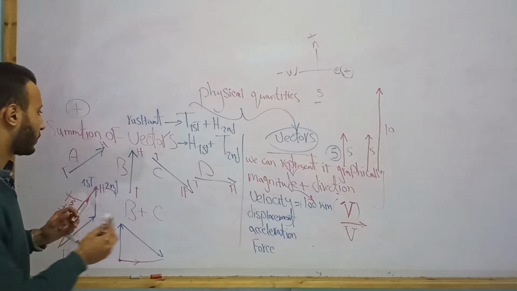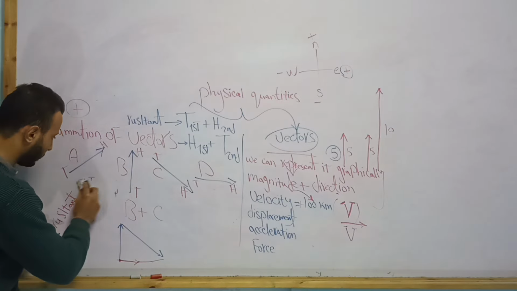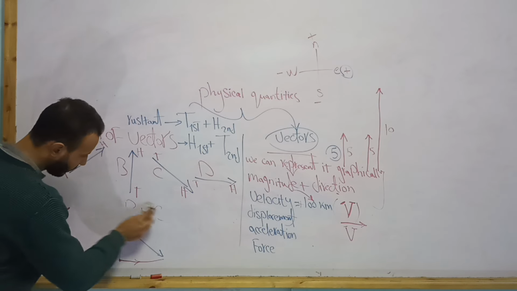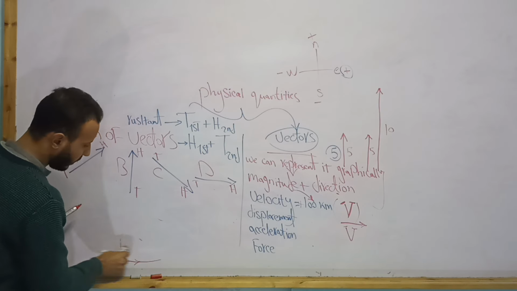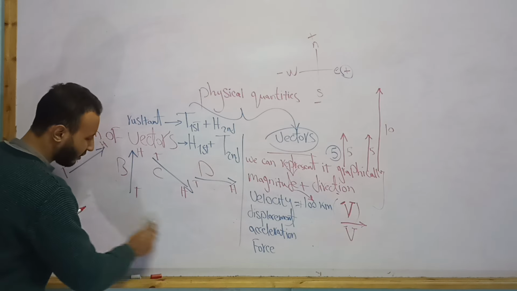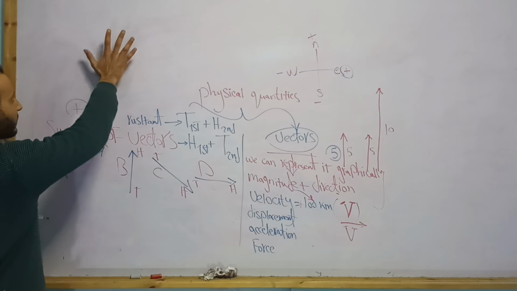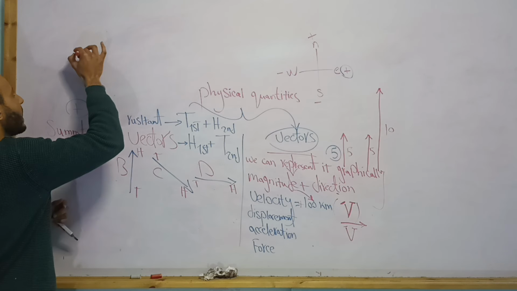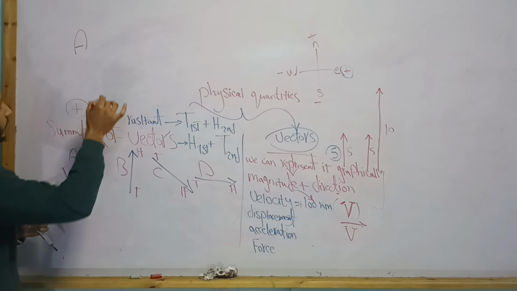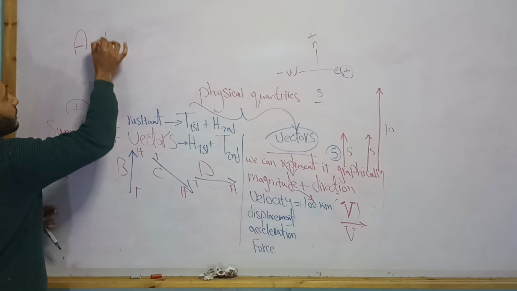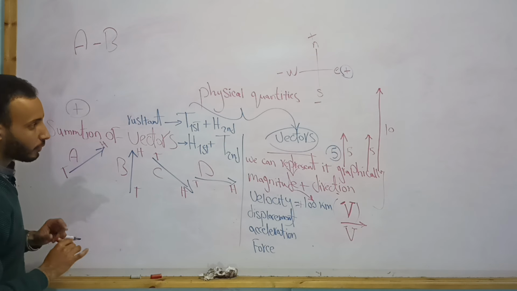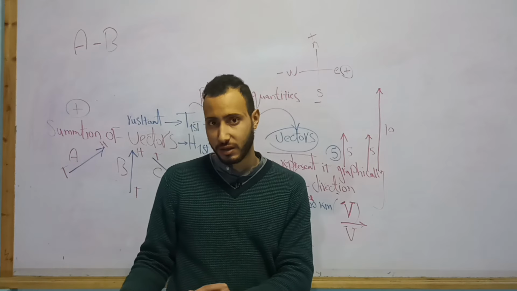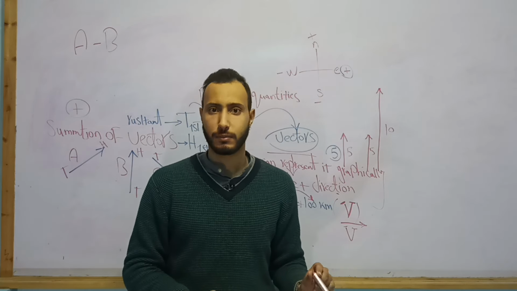Let's take the subtraction. I'll just erase. I'm not gonna write the subtraction here, I'm gonna write the subtraction here. So what if he's asking about A minus B? You have to keep in consideration that subtraction is the same as addition.